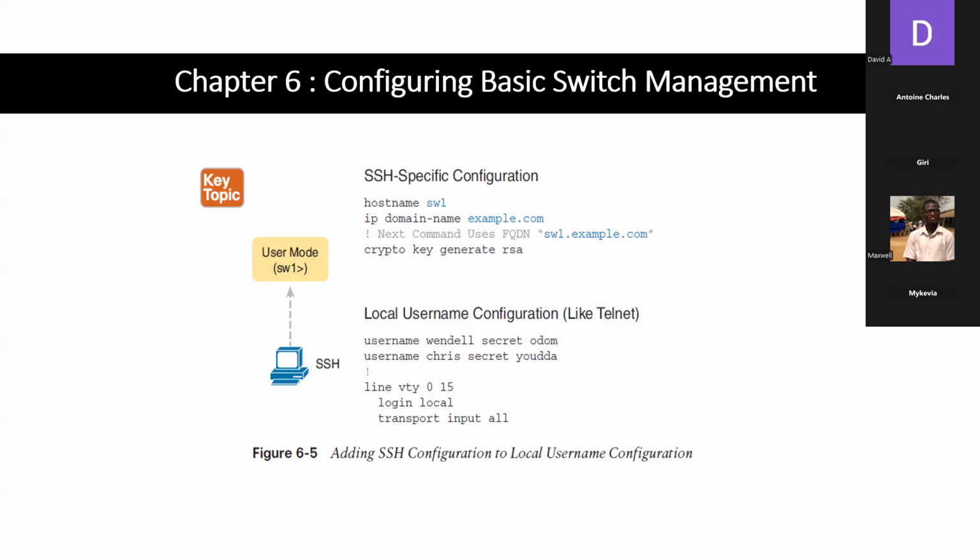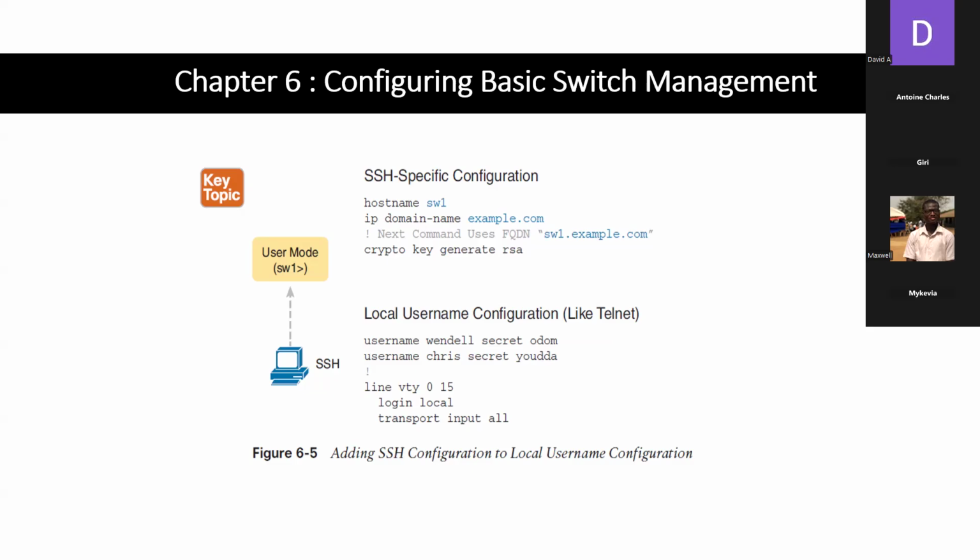Once we have those first two things configured, we're going to have our fully qualified domain name, switch1.example.com. Then we need to use the command crypto key generate rsa. What that is going to do is configure your SSH encryption keys, which in turn is going to encrypt that traffic. So that needs to be done.